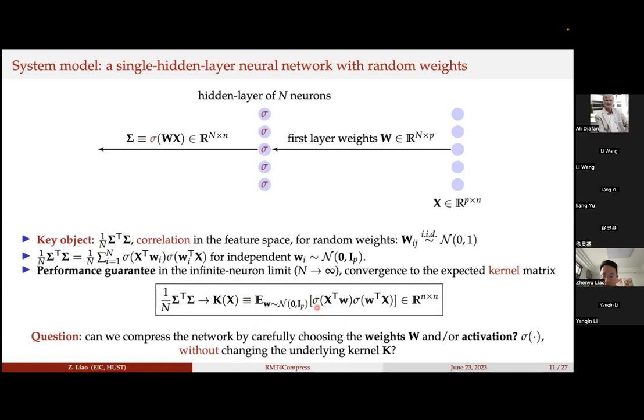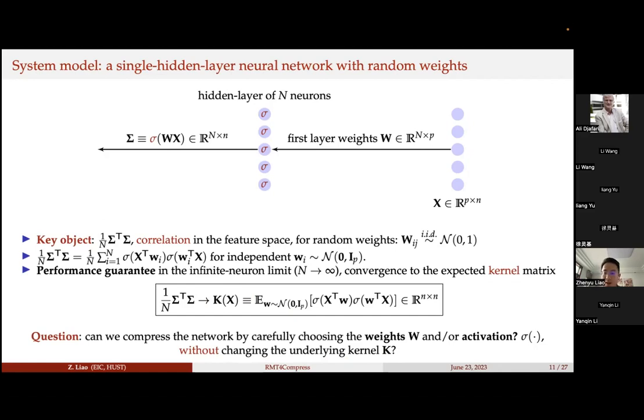So if we understand this in a very explicit manner, then we can use different weights or activation functions without changing too much the underlying kernel K. So basically, for a given neural net, we have a fixed kernel matrix K. Then we try to find another kernel matrix K that corresponds to a different neural net, but these two kernels are similar to each other.